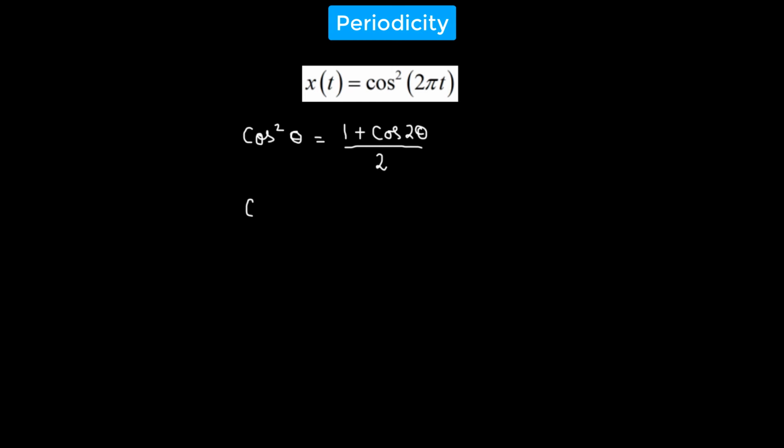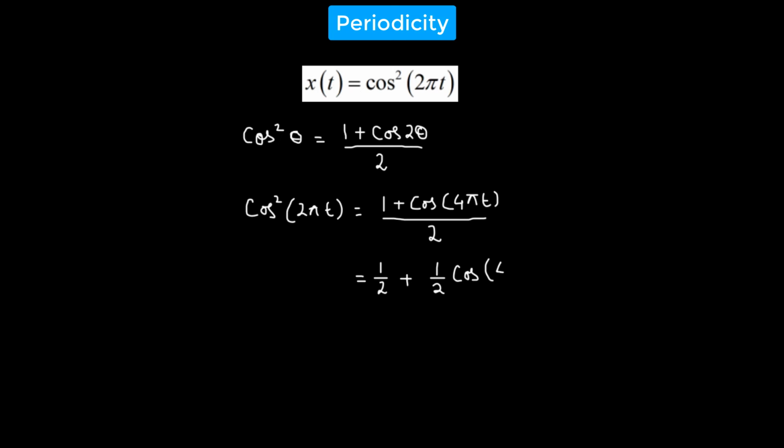So when you apply this, we'll get cosine square of 2 pi t will have the form 1 plus cosine of 2 times 2 pi t, which gives us 4 pi t, over 2. Then we can rewrite it as half plus half of cosine of 4 pi t.